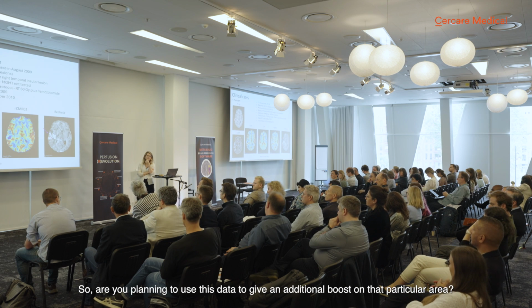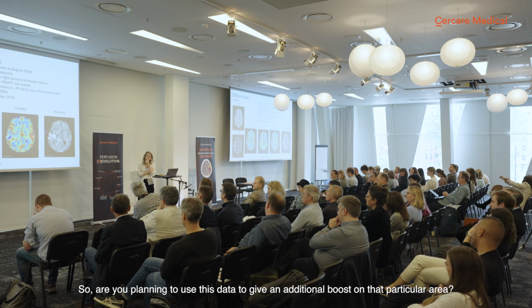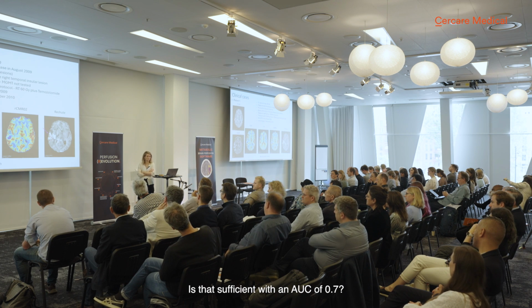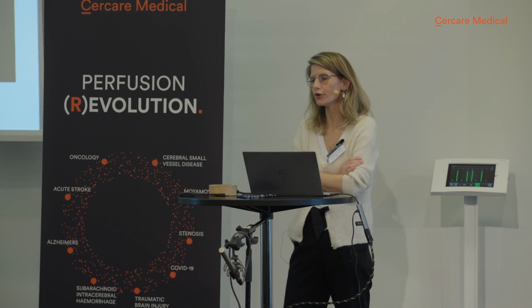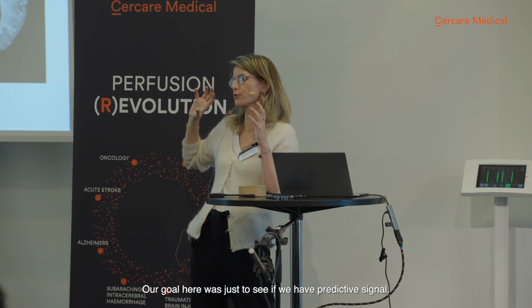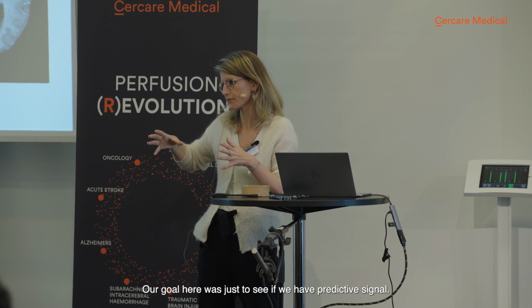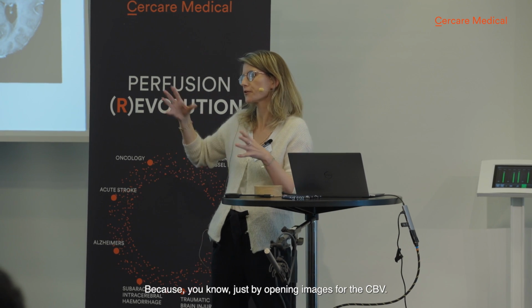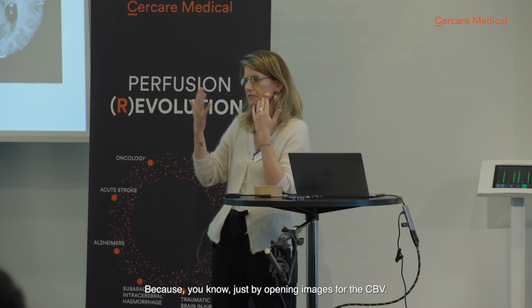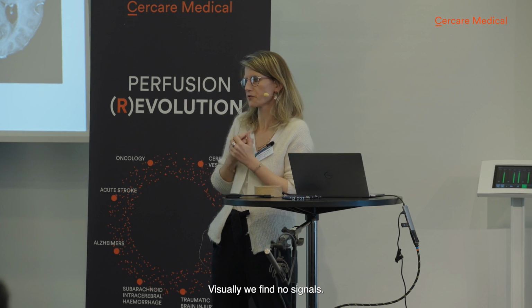So are you planning to use these data to give an additional boost on that particular area? Is that sufficient? I mean, with an AUC of 0.7? No, our goal here was just to see if we have predictive signal, because by just opening images for the CBV, visually we find no signal.